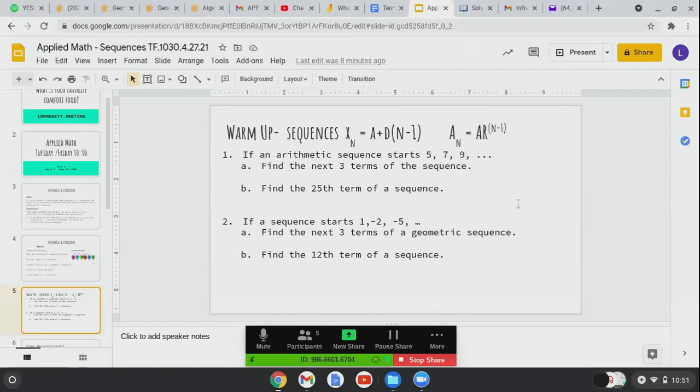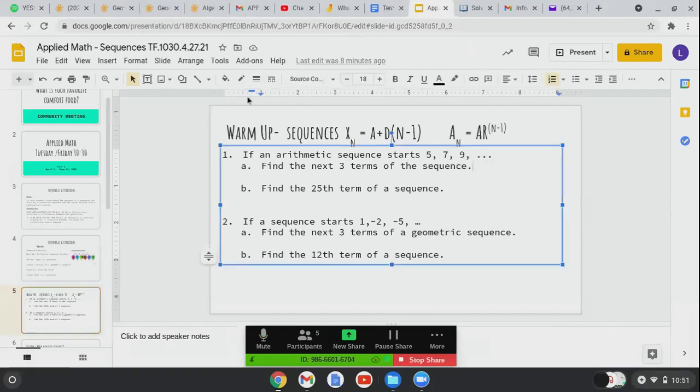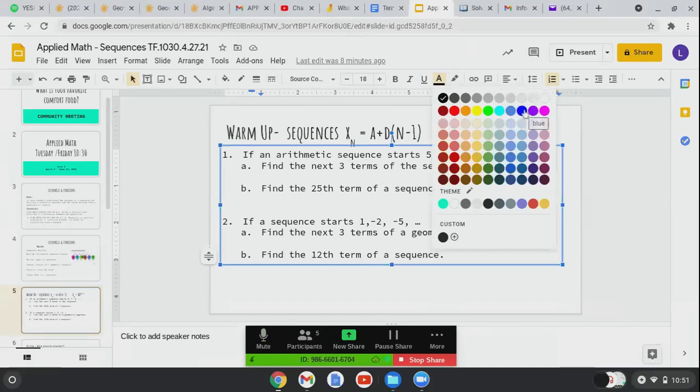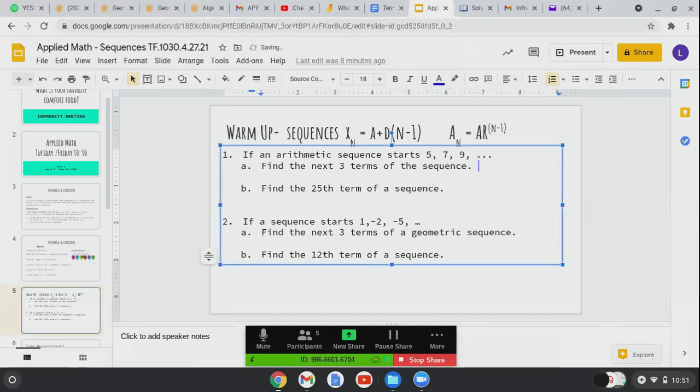Did anybody find the next three terms? Nothing. Nobody. How's the sequence moving?